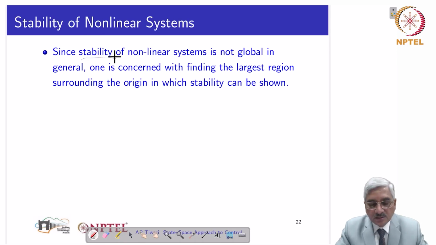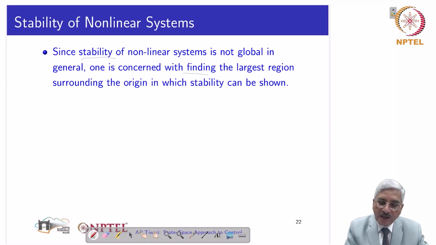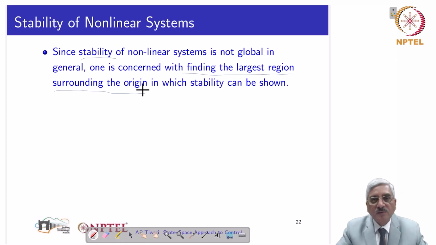It is in the neighborhood of the equilibrium, and of course we are assuming the equilibrium to be the origin of the state space. So we want to find the largest region around the origin of the state space in which the nonlinear system will be stable. That is the situation for which we want to apply Lyapunov's stability method.